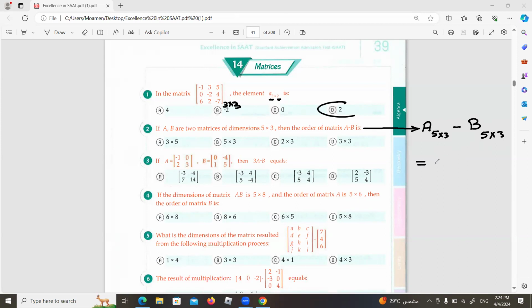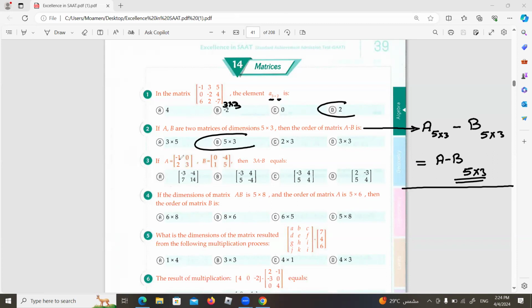And the order of the result, A minus B, will also be 5 times 3. We're going to number 3.